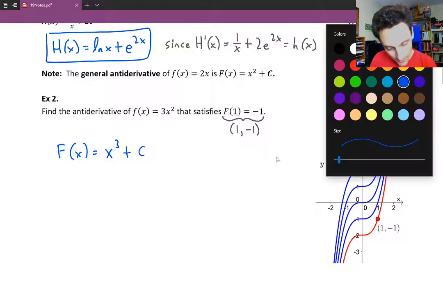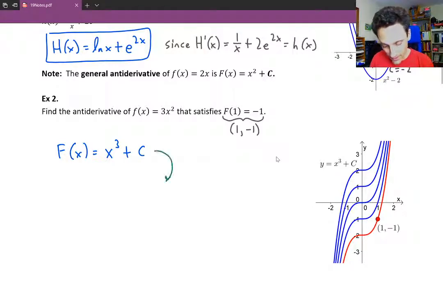Now let's do the algebra work to figure out the exact member of this family of curves that also goes through this point (1, -1). In other words, it also satisfies this equation. What this is going to do is allow us to find c, which, as we mentioned, identifies a particular member of the family. So we can start by writing out big F of 1 equals -1.